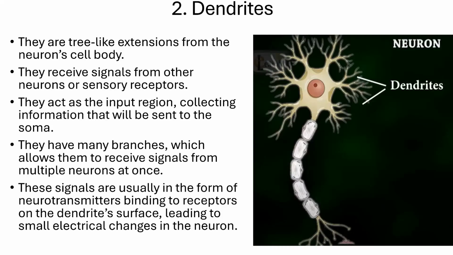This is the complexity of the human nervous system. These signals that dendrites receive are usually in the form of neurotransmitters binding to receptors on the dendrite surface, leading to small electrical changes in the neuron. Okay.